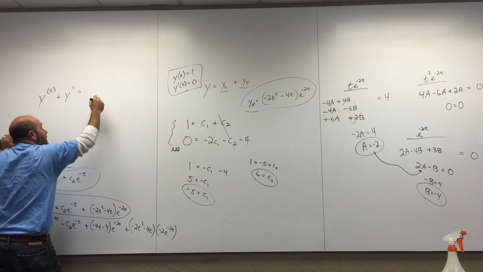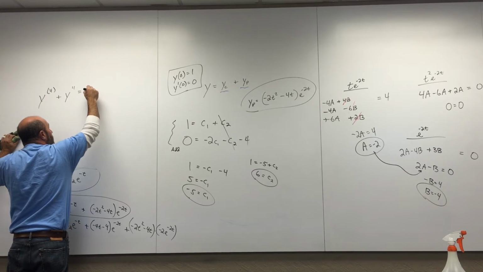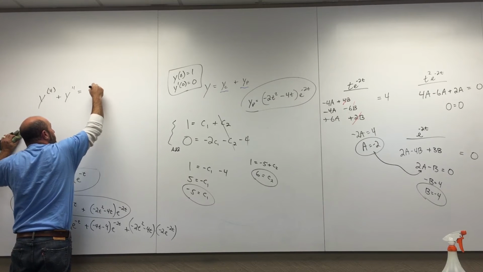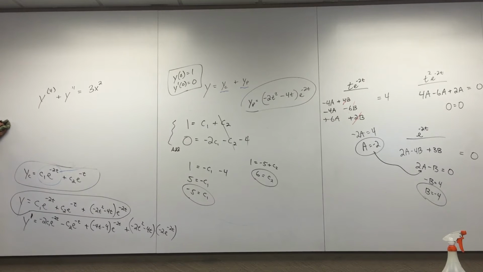And now I want to say it equals 3x squared. So this time I'm using x instead of t. It's probably confusing, but I'm sorry.